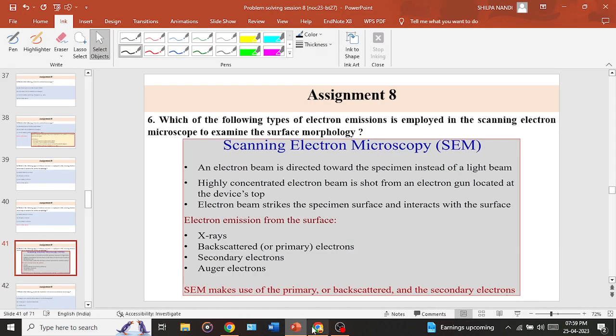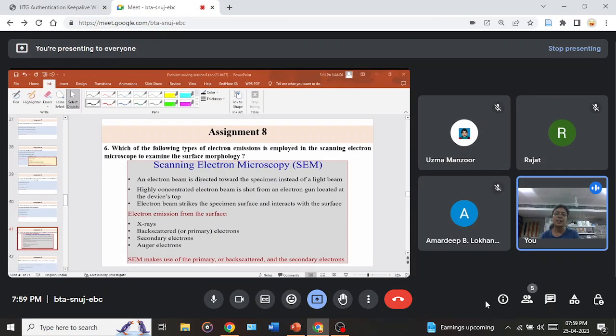And if you recall what this SEM was, you can see electron emissions from the surface such as X-rays, backscattered. Backscattered is also called primary electrons, so there is no difference between the backscattered and the primary electrons. So both option A and B, backscattered and primary, were the same.